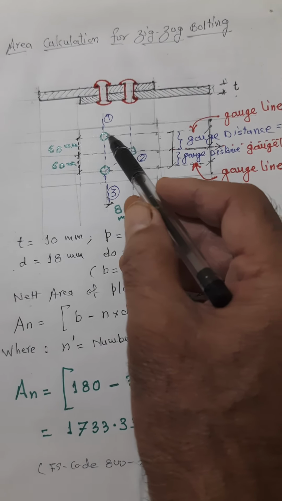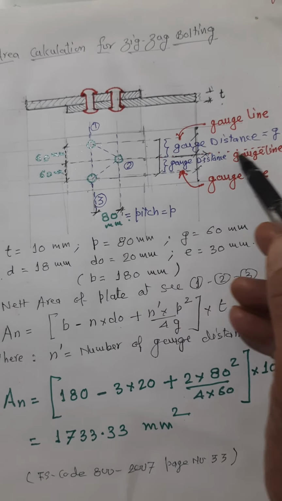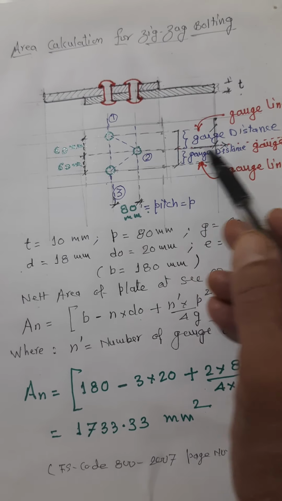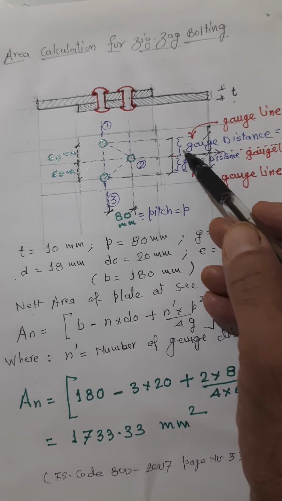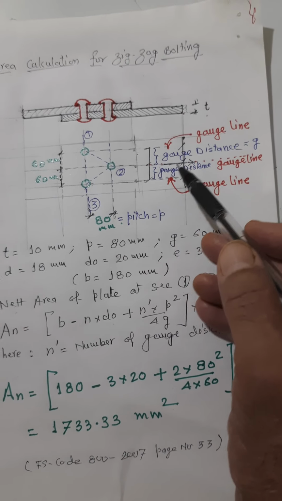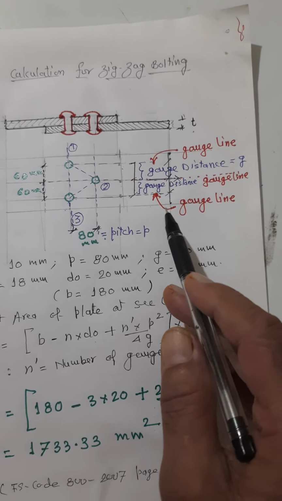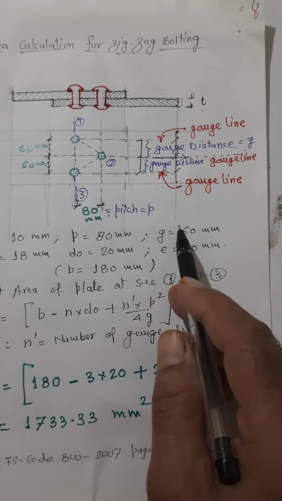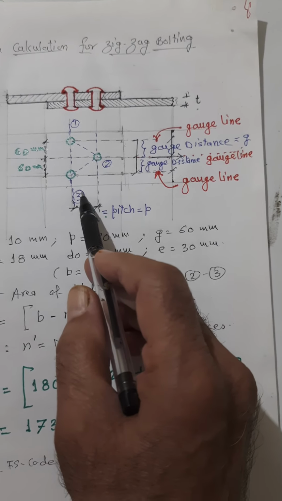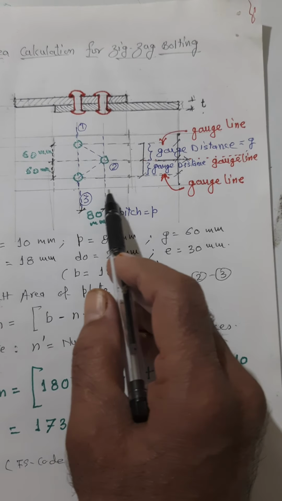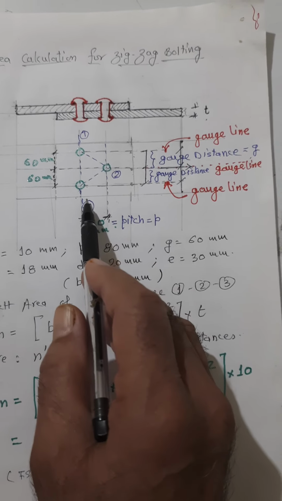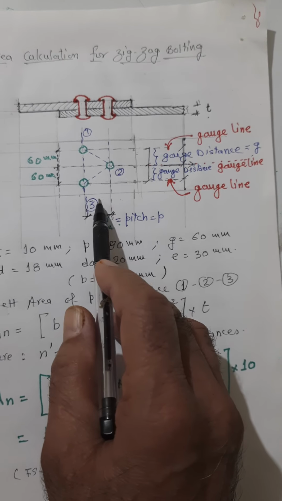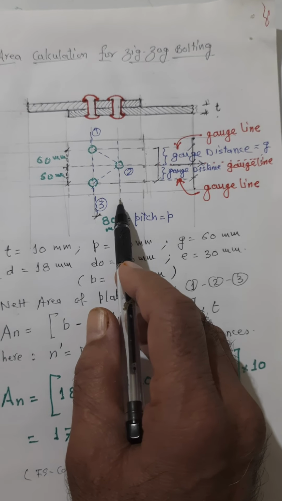Every line passing through the center and parallel to the force is known as a gauge line, and the distance between the two gauge lines is known as gauge distance, which is denoted by small g. The horizontal shortest distance between two consecutive rows of bolts is known as pitch.